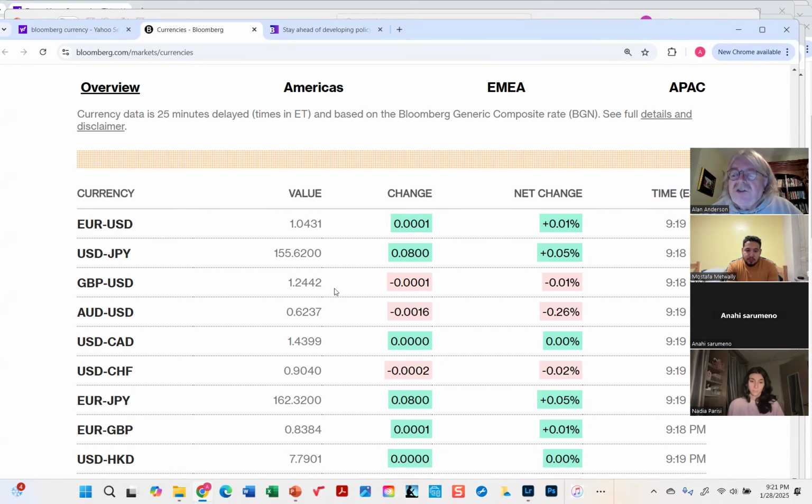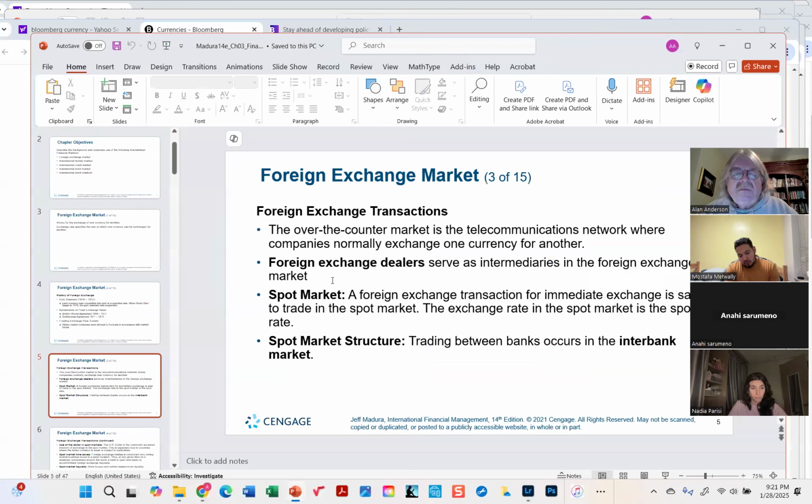We call that the spot exchange rate, which means that this is for transactions that will take place immediately. If I want to buy the pound in 3 months, the price that I'm quoted is called the 3-month forward exchange rate. Okay, so that's the forward market. This is the spot market. And sometimes it's called the interbank market because for the most part, the dealers themselves are either commercial banks or maybe investment banks.